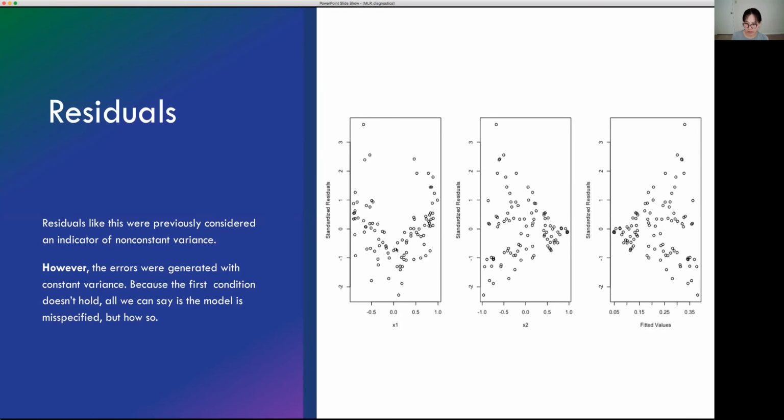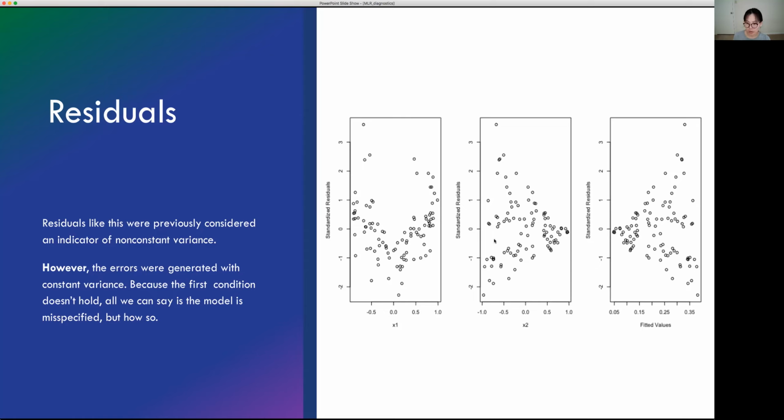So if we look at how we plot the standardized residuals to find if they have constant variance or not, it shows kind of a fan shape. It's non-constant variance. When we generated the data, the errors were generated with constant variance.